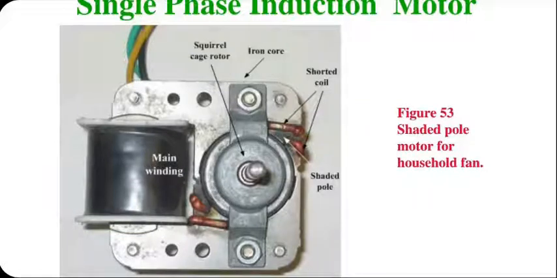It is called shaded pole construction because part of the pole is shaded by a coil. It's a commercial name. Main winding and auxiliary winding are there. Auxiliary winding initially is energized so that the rotor starts, and then slowly it is de-energized as the rotor picks up the speed.